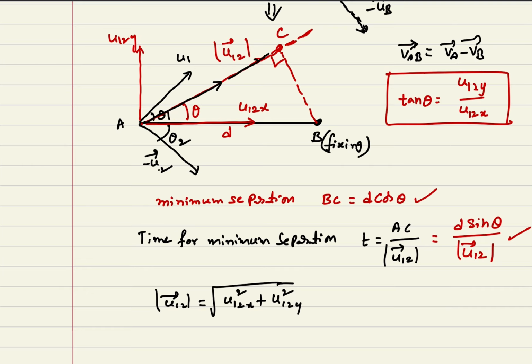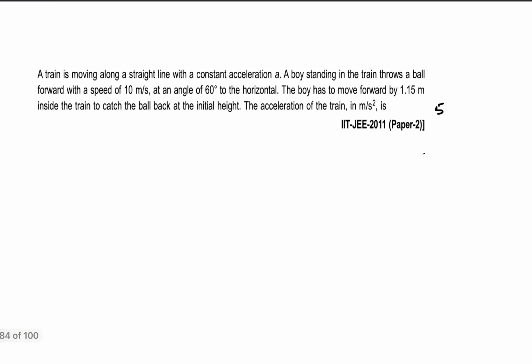Now I will show you some JEE Advanced questions asked from this chapter. The first one was asked in the 2011 JEE Advanced paper 2. A train is moving along a straight line with a constant acceleration a.